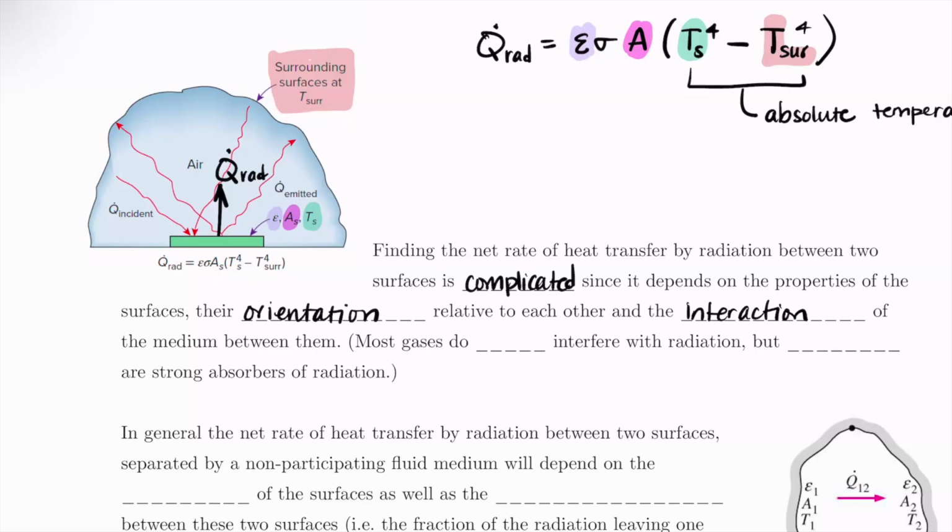Most gases do not interfere with radiation, but liquids are typically strong absorbers of radiation. So finding the net rate of heat transfer by radiation between two bodies with a medium in between them can get very hairy very quickly.